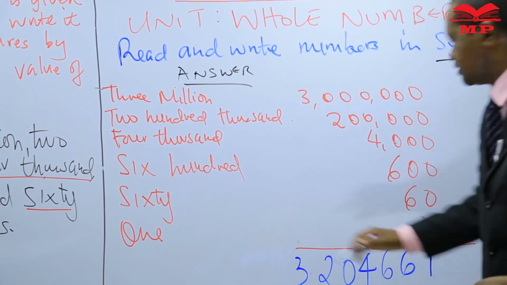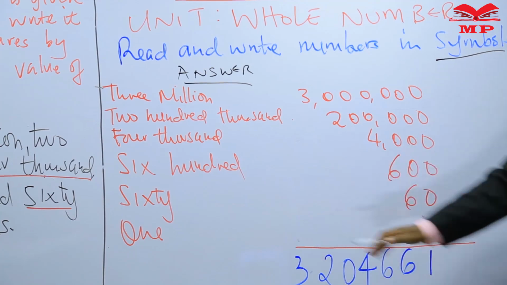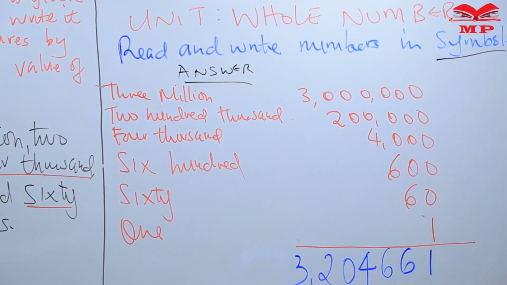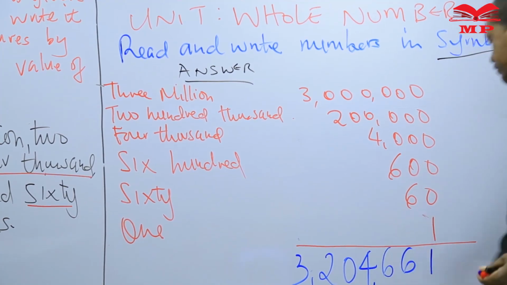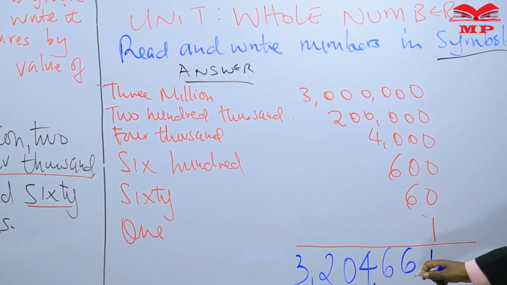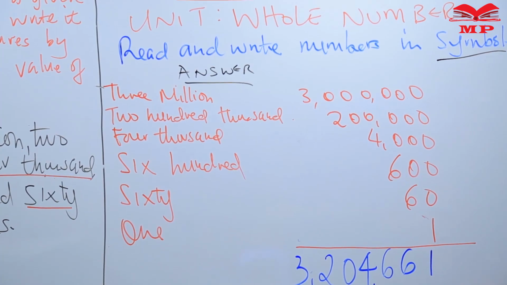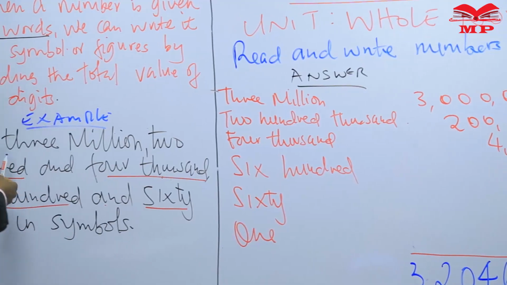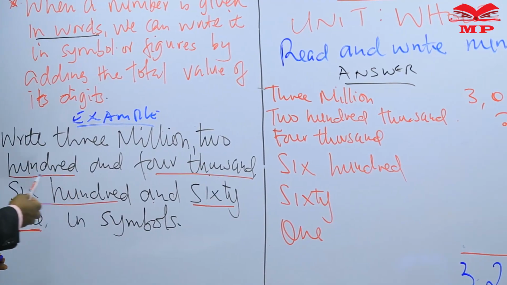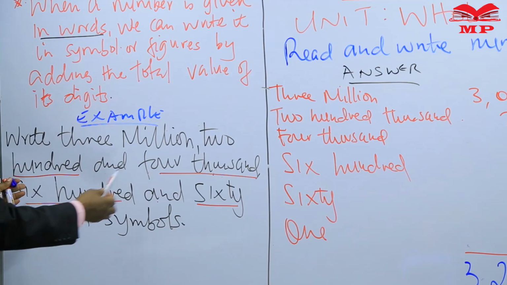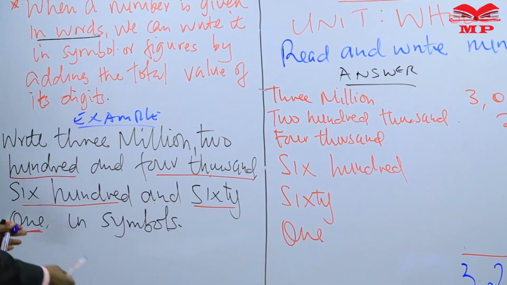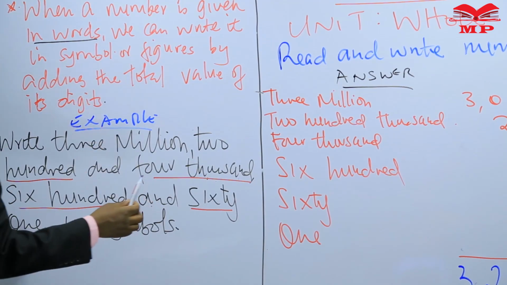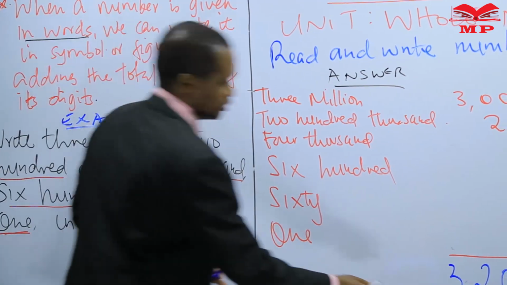It's just space, right? So the answer is 3,204,661. That's how you write that in symbols.